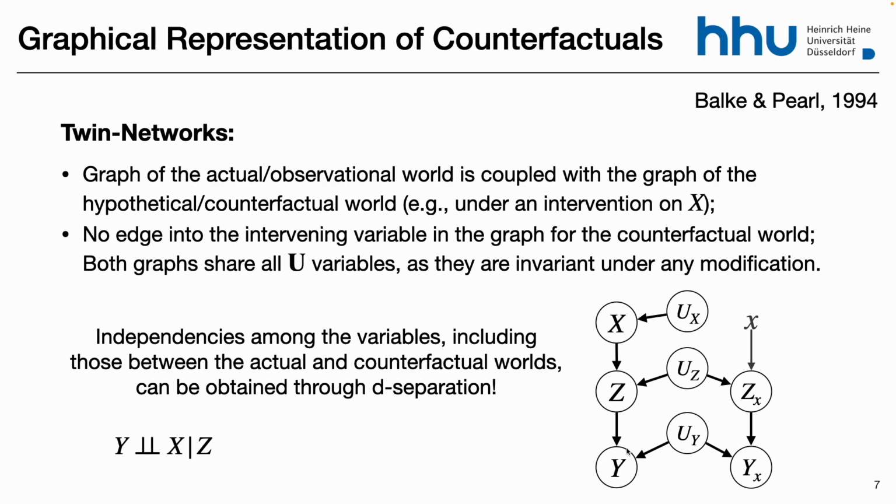I can see, for example, that Y is independent of X given Z by d-separation. However, Y_x is also independent of X without conditioning on anything. If you see, there's no path that's open. And there is no conflict here.